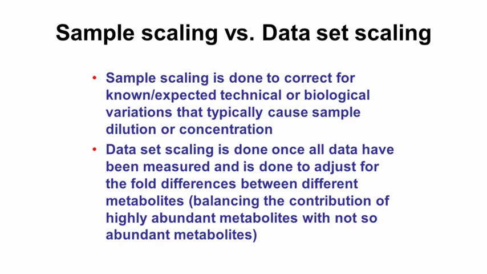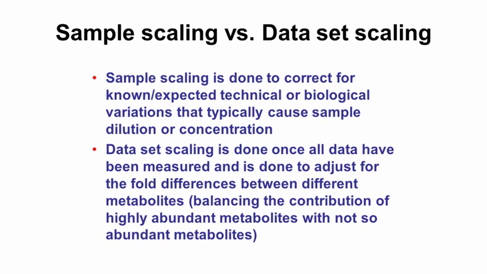Another thing that you do is only when you have your complete set of spectra, and this is called data set scaling, or it's also called normalization in other cases. And this is when all your data have been measured, and you're now trying to adjust for general differences in the overall concentrations or intensities of different peaks or features or bins.